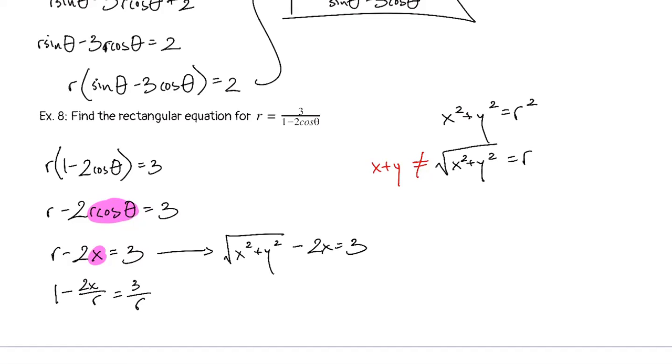Do I have any r's or thetas left in this equation? I don't see any. So that means that I've got my equation now in rectangular form. So this is in rectangular form.